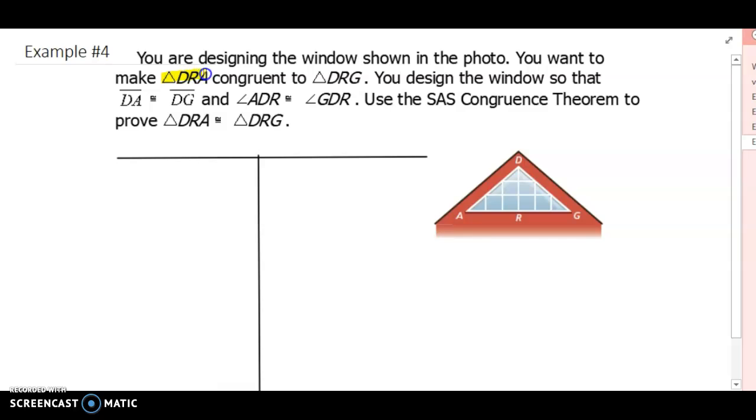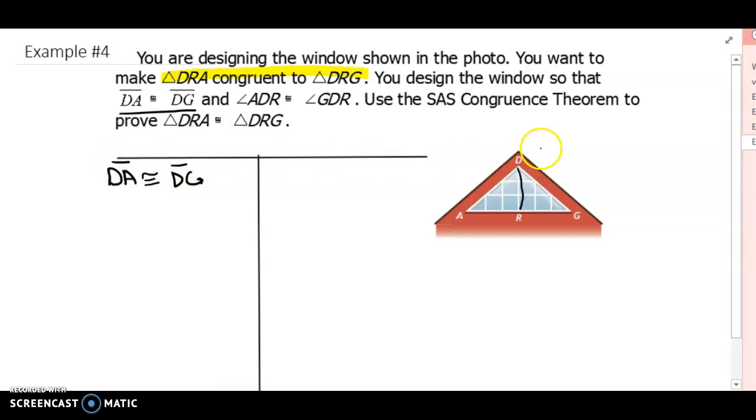All right, so we're trying to prove that triangle DRA, so I'm just going to come right here and draw this right here. Triangle DRA is congruent to DRG. Okay, so it says you design a window so that, here's my given, DA is congruent to DG.